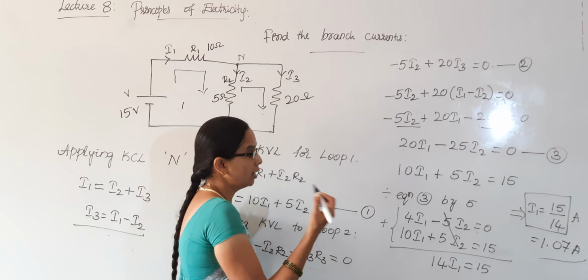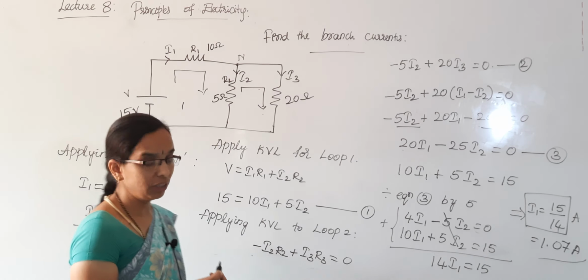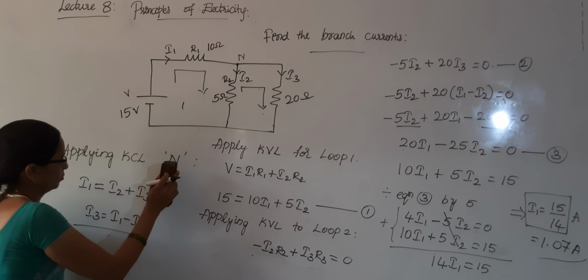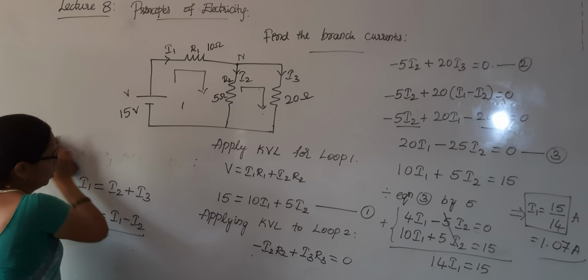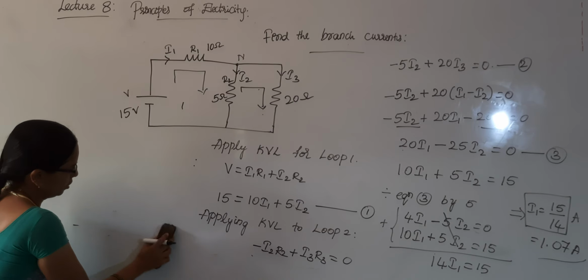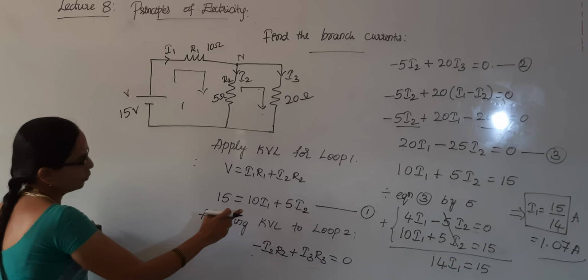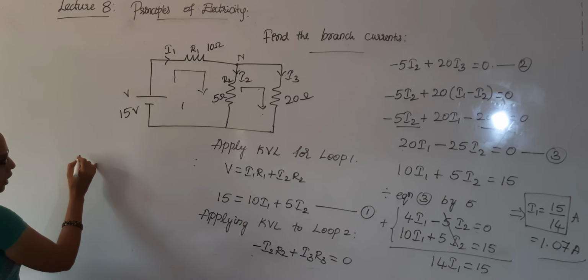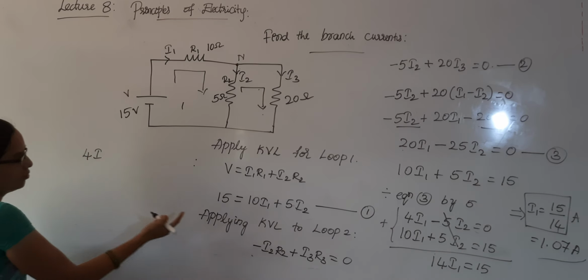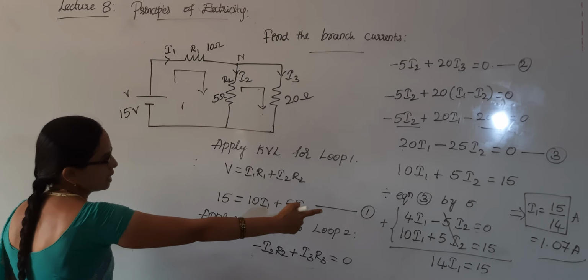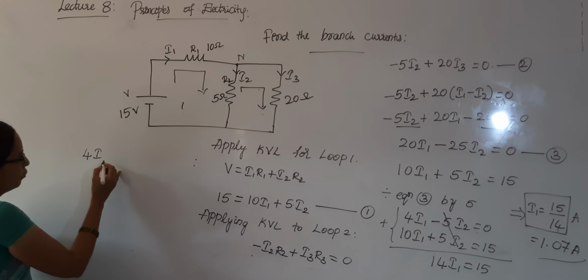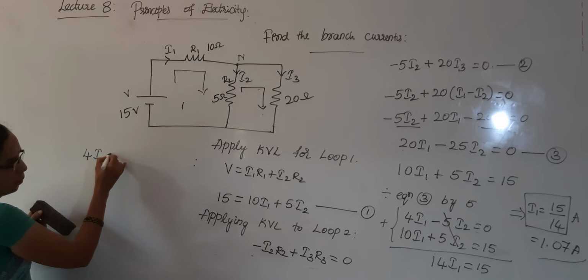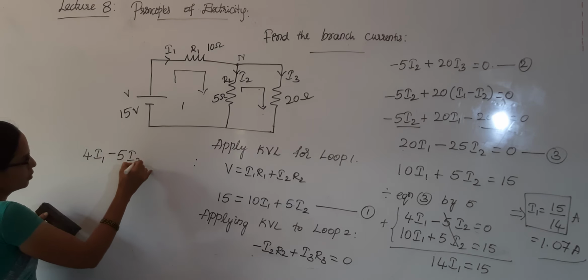Okay, then you know the value of I1, you can calculate the value of I2. Any equation you can take, either this or that, whatever. 4 I1 minus 5 I2 is equal to 0.